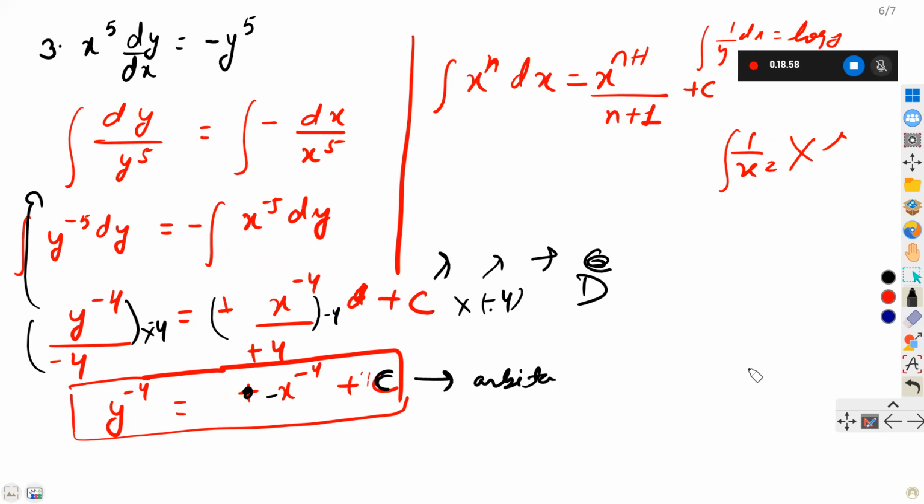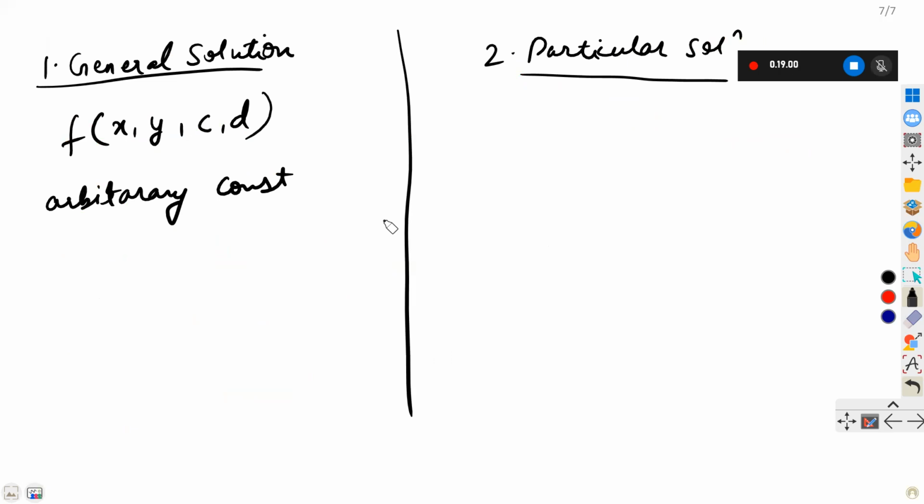So whenever we have arbitrary constants in our solution, we're going to say that it is a general solution, because we don't know what the value of c is. It might be 1, it might be 2, it might be negative. So the solution is just generalized for all values. Unless we know the values of the constants, we don't know what the exact solution is.